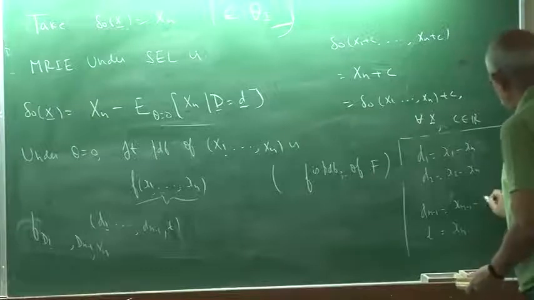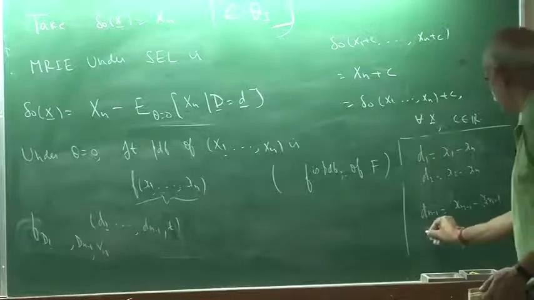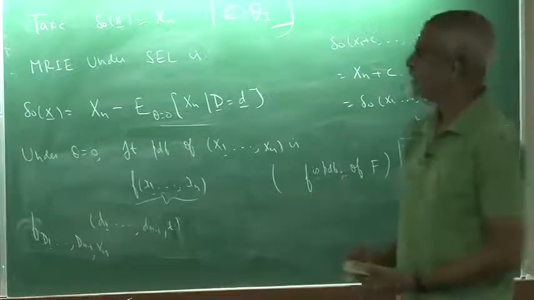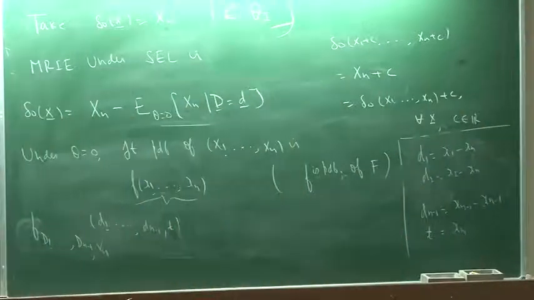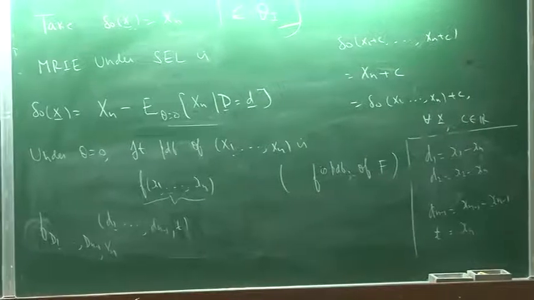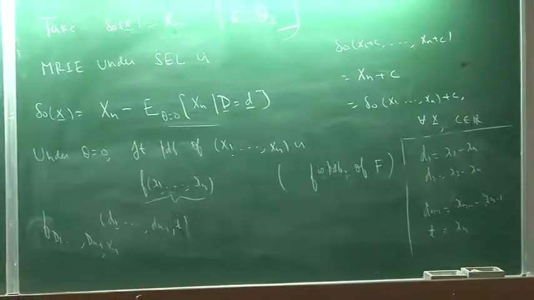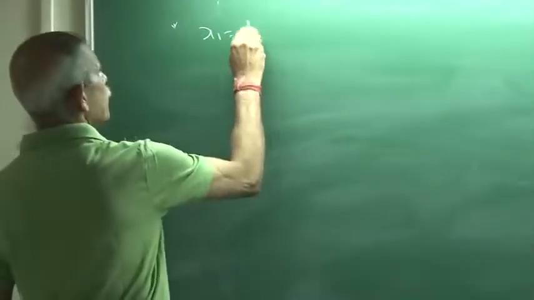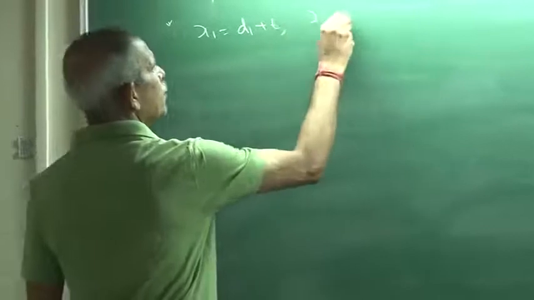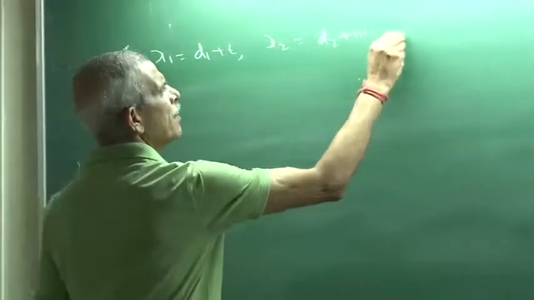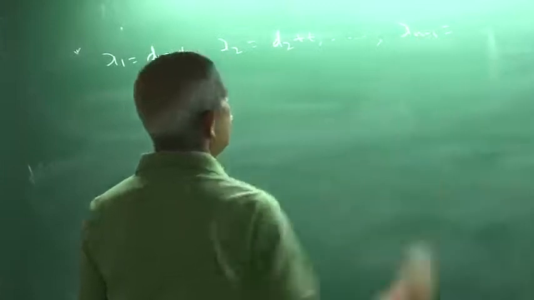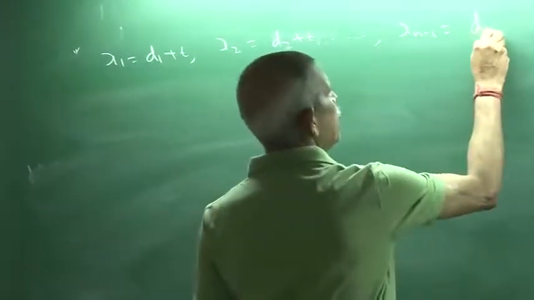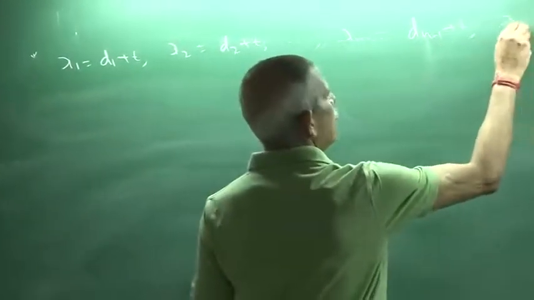Let us try to see what the Jacobian is. So your x1 becomes d1 plus t, x2 is d2 plus t, xn minus 1 is dn minus 1 plus t, and xn is the same as t.